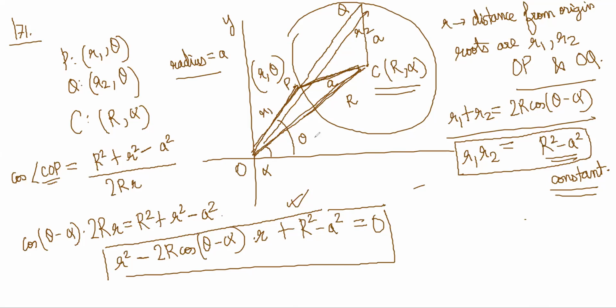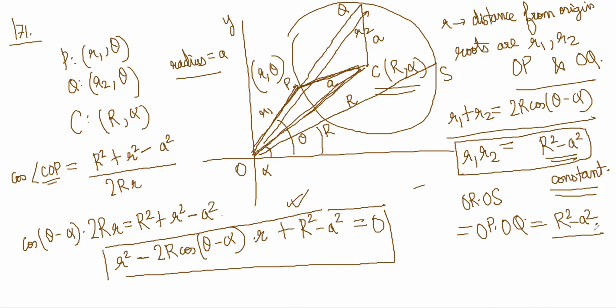So that means I could have drawn a line like this at a different angle, and the product of the roots would still have been this only. So that means OR into OS would have been equal to OP into OQ, which is equal to R square minus A square.